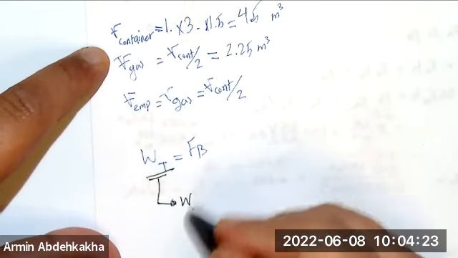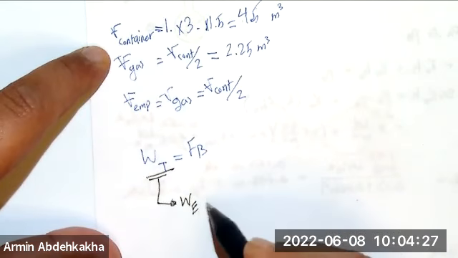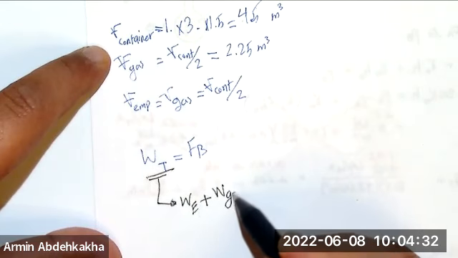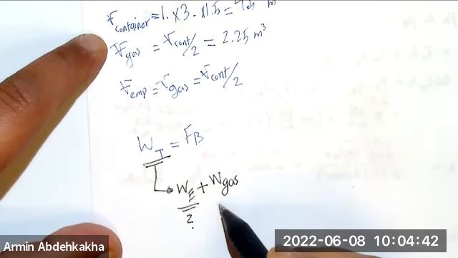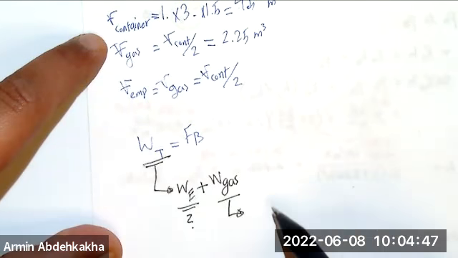Just write it with E. The empty part plus the W of gasoline. And the question is how much is the weight of the empty part? What is the weight of gasoline? It has to be the volume of the gasoline times the gamma of the gasoline.